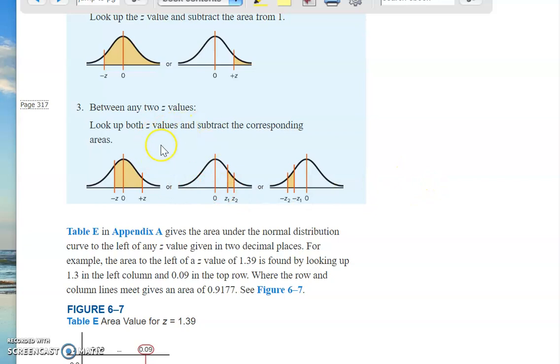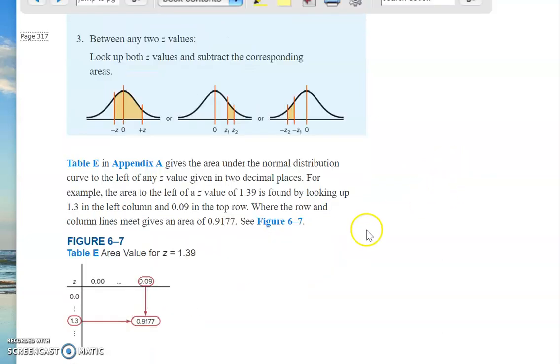So you look at both of the z-values and subtract the corresponding areas. Your intuition should tell you all of this, because you're just dealing with areas. How much area you have to the left on each of these will give you what you need to know.